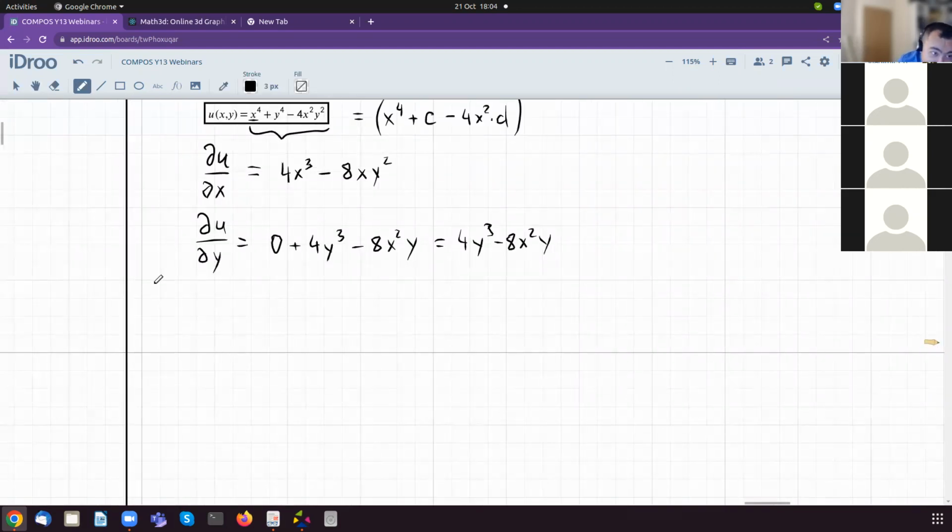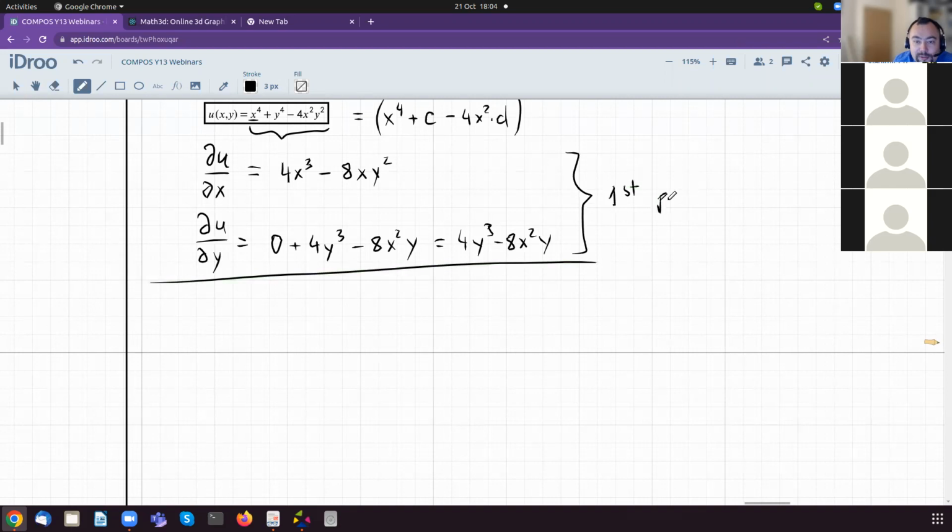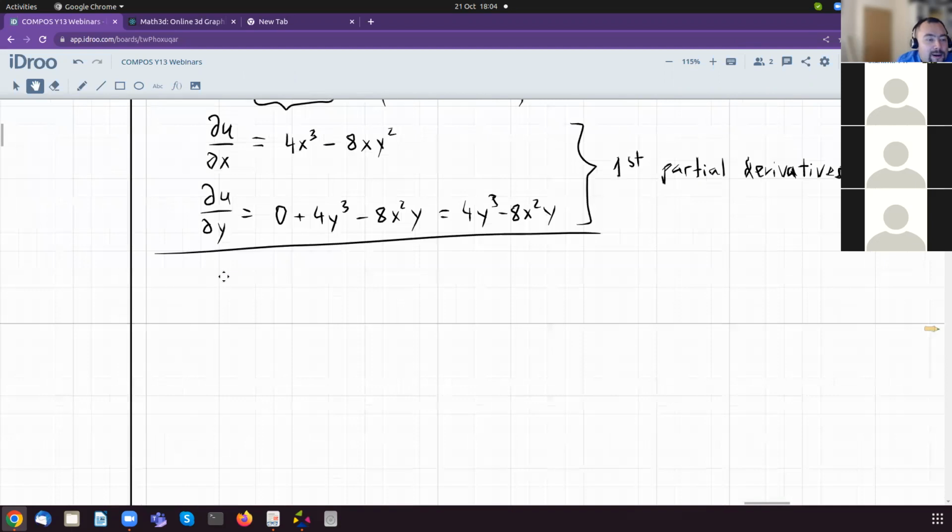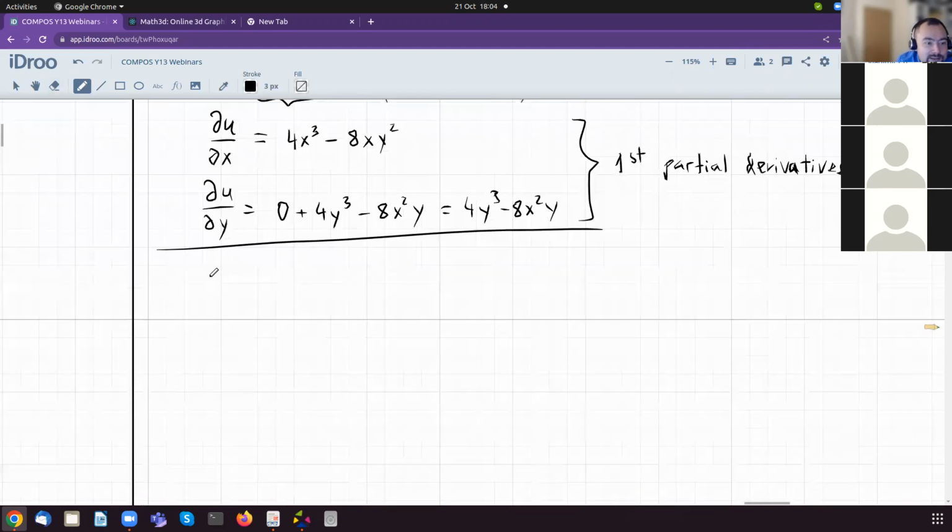These are the first partial derivatives. Let's label them first partial derivatives. And now let's find the second partial derivatives.